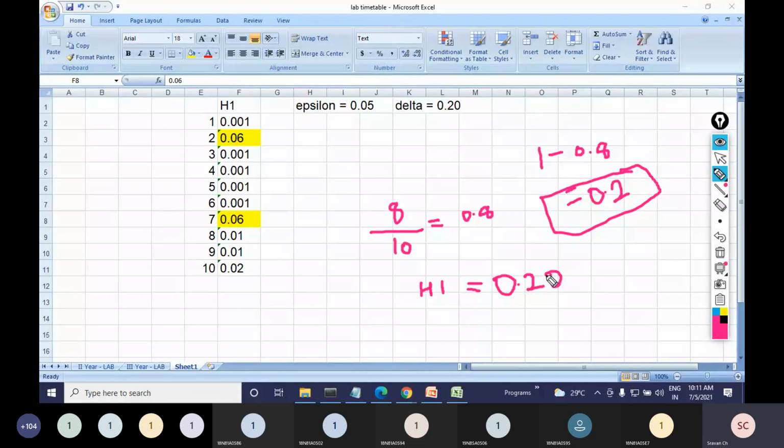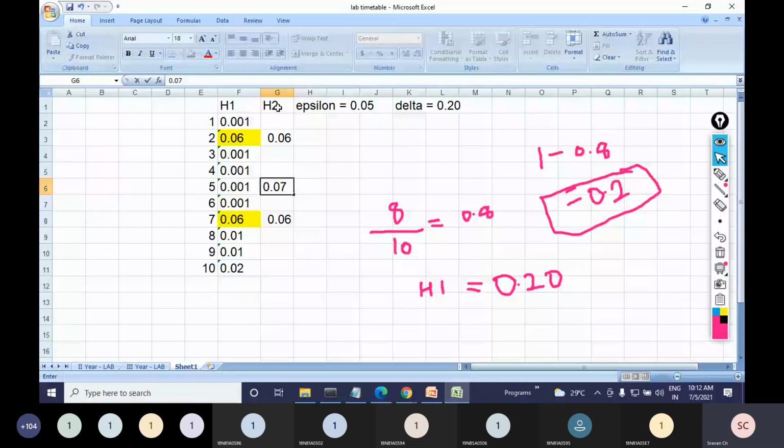Friends, for example, I have another hypothesis. Let us say H2. And in this H2, let us assume there are 0.06, 0.076, somewhere here 0.07. Let us say in the second hypothesis, out of 10, 3 cases the difference was going beyond the epsilon. So here the success rate is 70%, and if I subtract 0.7 from 1, I'll get 0.3.